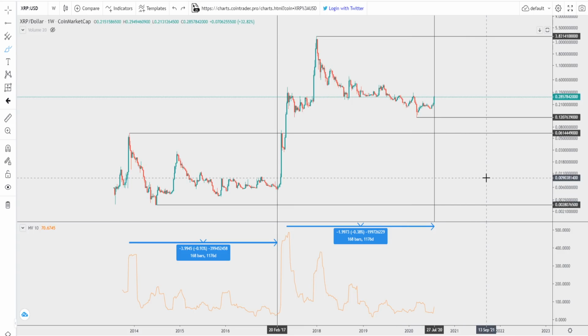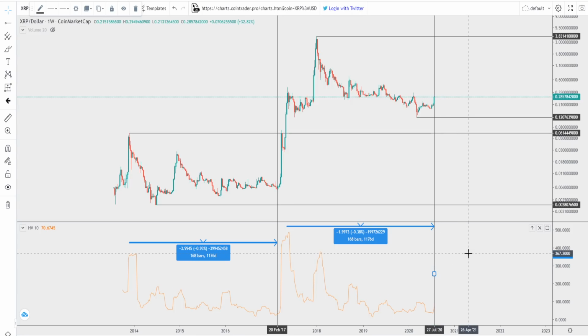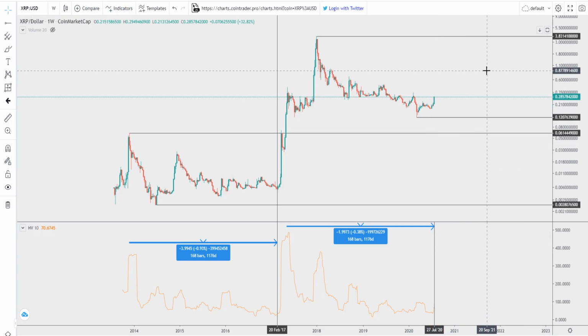So let's draw our line again. Just a second. So this, folks, is very, very significant for us. Why is this one here? This is very, very significant, but so far it's not the key.